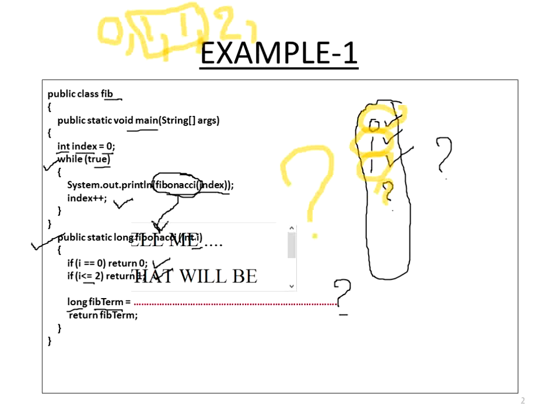Okay, what will be the next number? 3. Next number is 3 because we have added the previous two numbers, 1 and 2. So we get 3.